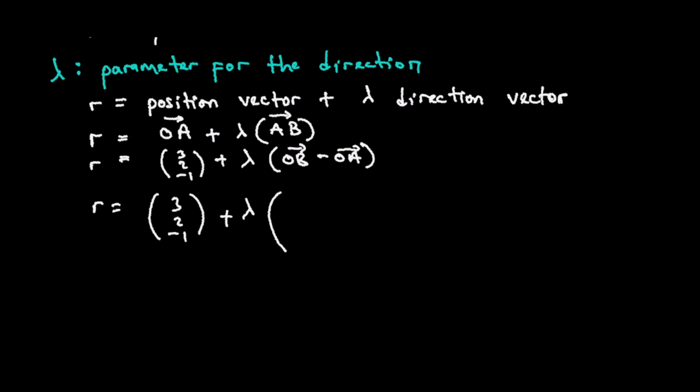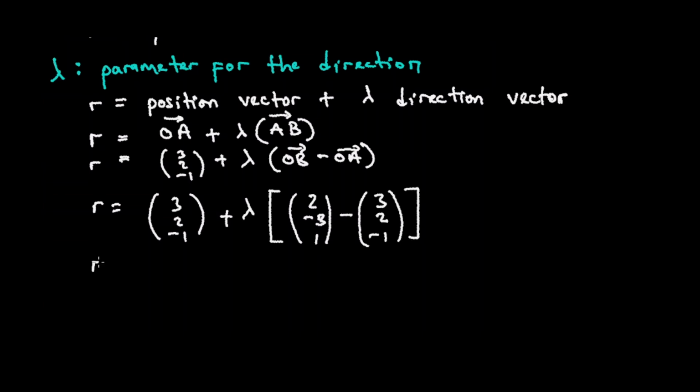We can make it smarter. OB, if you were following through writing notes, is (2, -3, 1), subtracting OA, (3, 2, -1). So r is actually (3, 2, -1) plus lambda times: 2 minus 3 is -1, -3 minus 2 is -5, 1 minus -1 is 2.